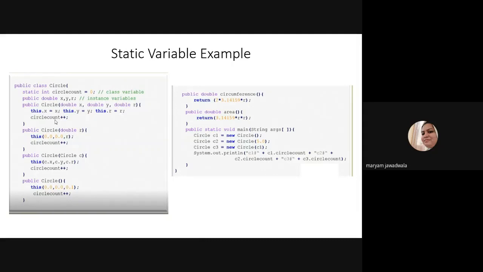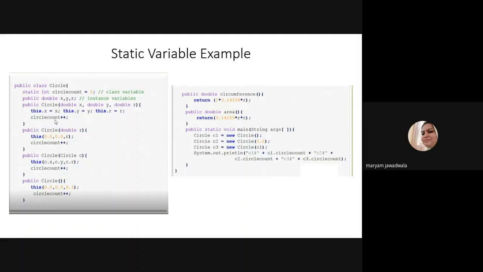So the first question is how you can differentiate between a class variable and an instance variable. It's very simple. If we use the static keyword before declaring the variable, then that variable is a class variable. And if we write a variable without any static keyword, then it becomes your instance variable.